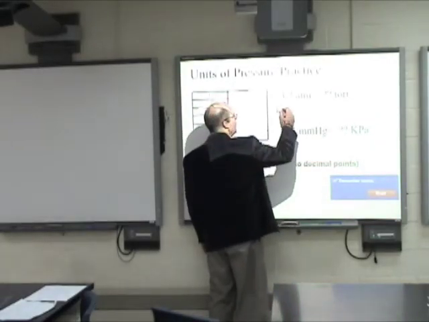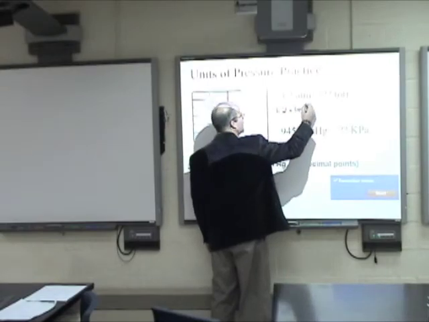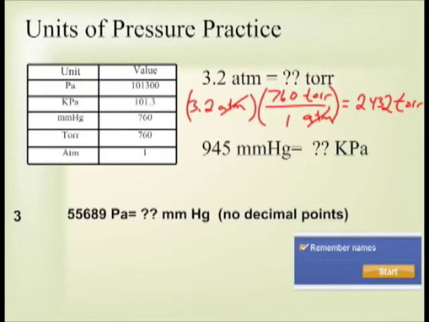We would have 3.2 atmospheres. Atmospheres on the bottom, torr on the top. 1 atmosphere is the same as 760 torr. So 3.2 times 760 divided by 1, and that will work out to be 2,432.